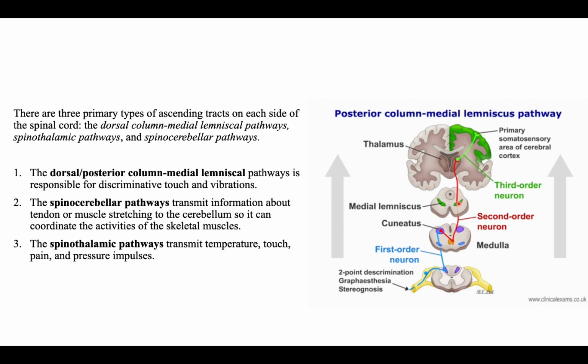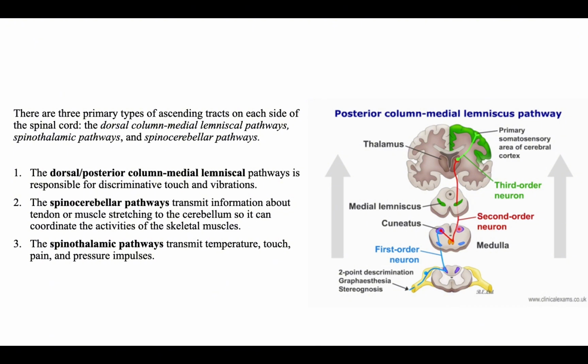So the medial lemniscus pathway is the axon of the second order neuron that has crossed and gone to the other side. This second order neuron is actually belonging to the posterior column.